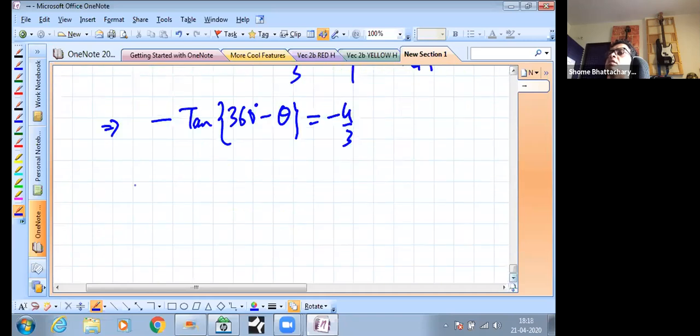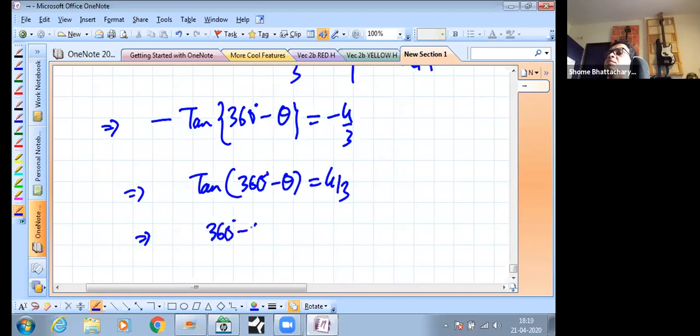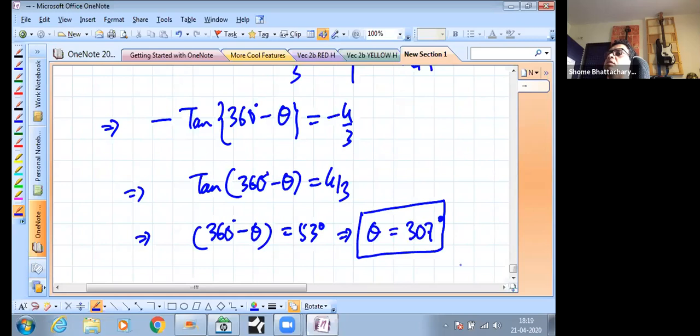So that means this thing, tan 360 minus theta is 4 by 3, which means 360 minus theta itself is 53 degrees, which means theta is 307 degrees. Or there's a simpler way of expressing this, or we can say that theta is minus 53 degrees.